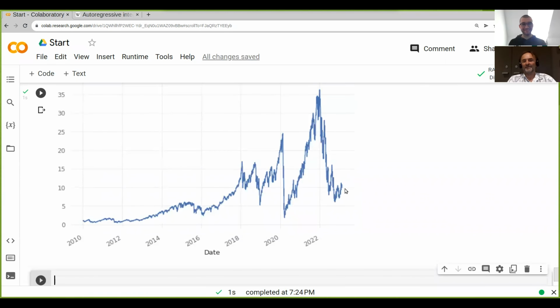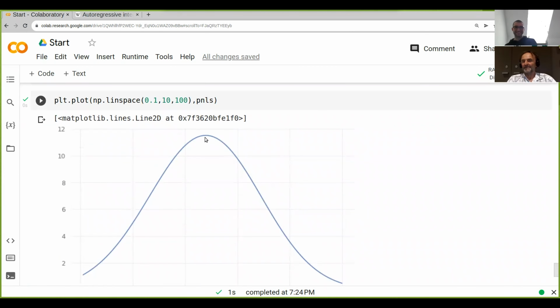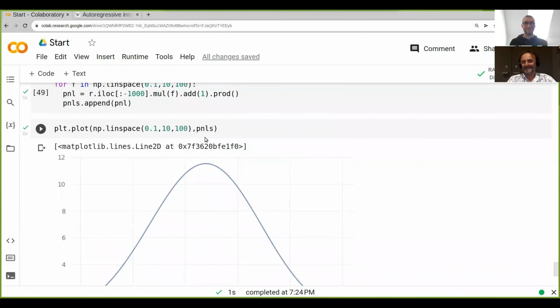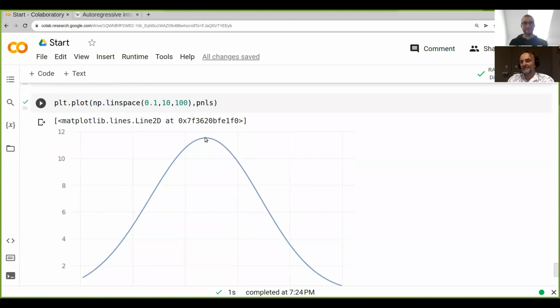We only get, I mean, it's still okay, a 10x, but it's nowhere near as good as it was. So you've got to be extremely careful, right? You don't want to apply the maximum leverage. It's kind of crazy to do that.